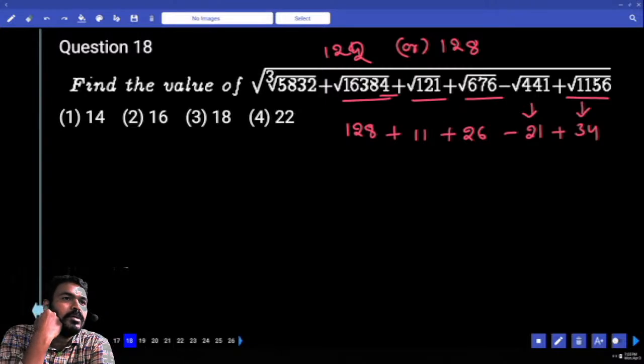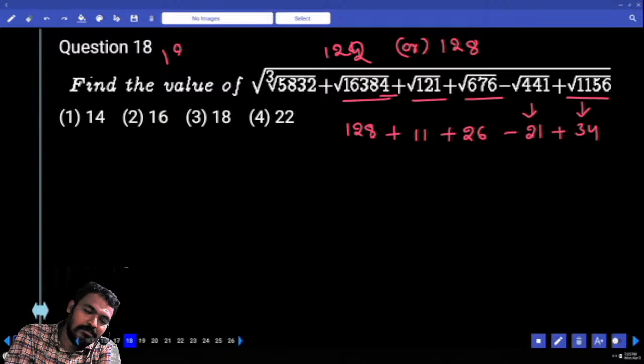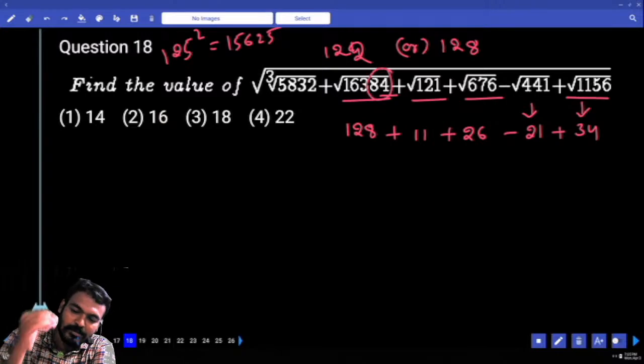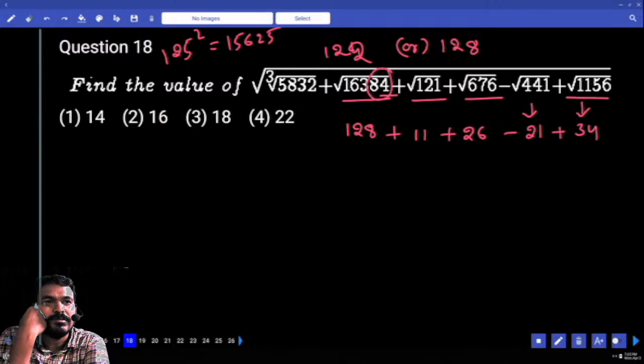What is 125 square? 15625. It is more than 125 but less than 130, so 128 or 122 are possible? 128. But I depend on the last two digits. What is the 84? 28 square or not?